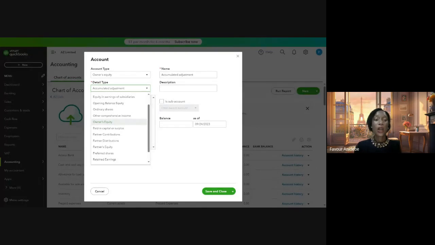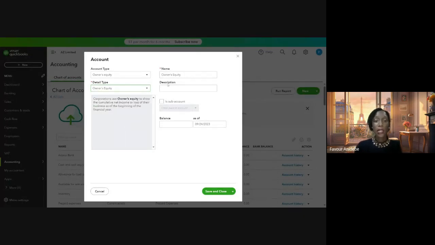So we just select owner's equity, and we can leave the name as owner's equity, or you can change it. But I think owner's equity sounds more professional because this is what you're going to see on the face of your financial statement. So we'll just put, let's say, capital used to start the business as the description.